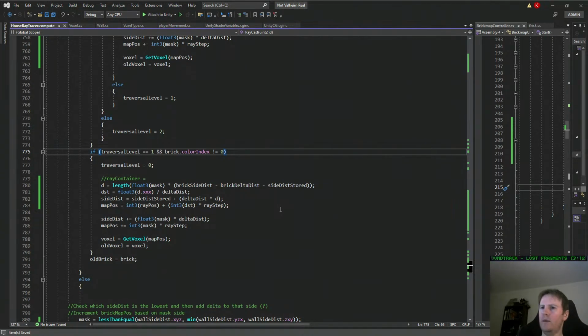So how do we do it? The only way I can think of doing it differently now is if we do this.